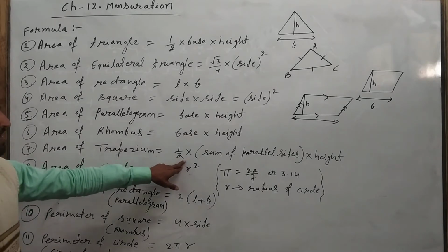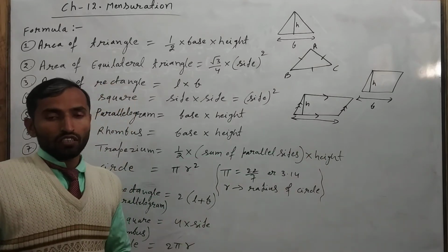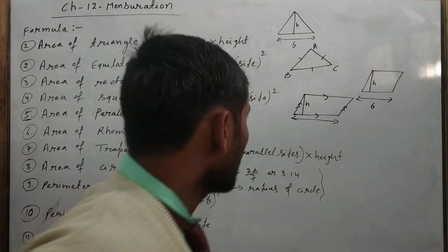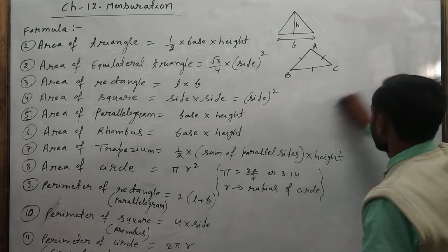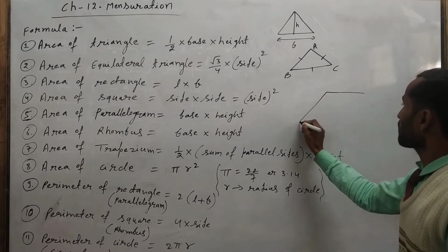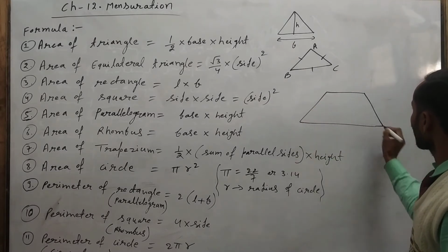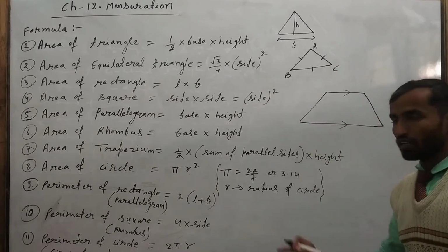Okay. Now the next formula is area of trapezium. Area of trapezium means half into sum of parallel sides into height. In a trapezium, only one pair of opposite sides of the quadrilateral is parallel. Just see, this diagram is a trapezium because one pair of opposite sides is parallel. This one is parallel and this one is non-parallel.